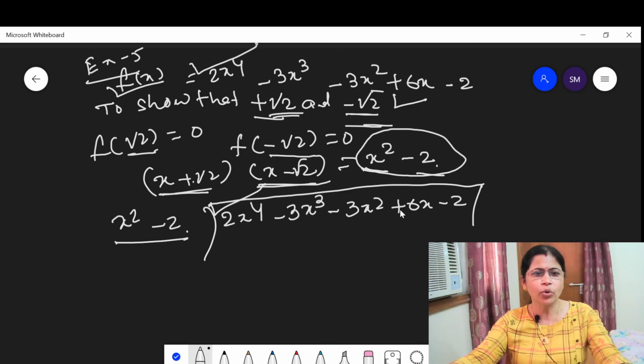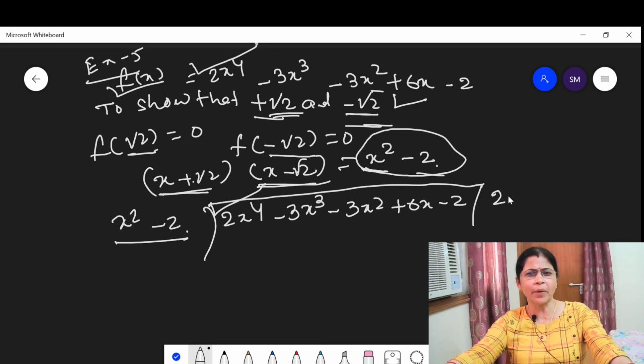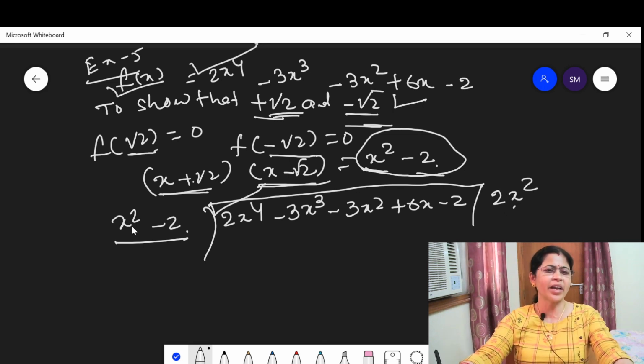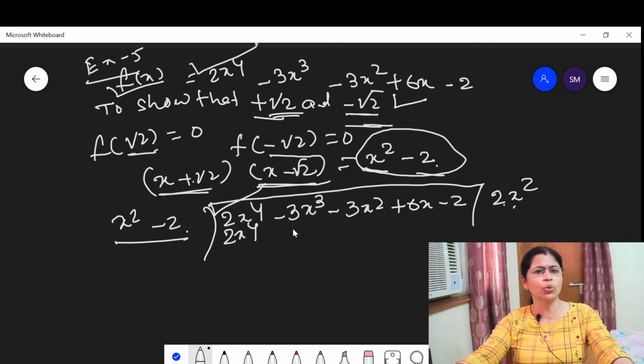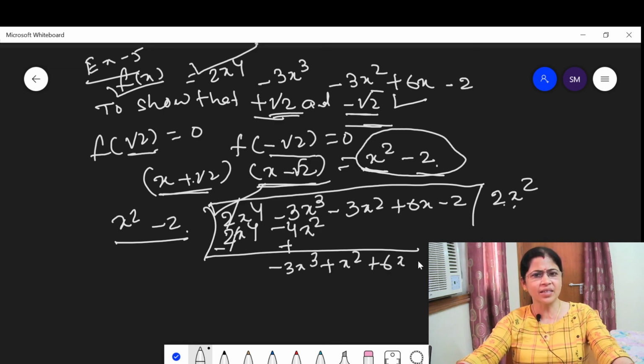Let us prove it. Here to get 2x^4, we have to multiply by 2x square. 2x square into x square gives 2x^4, and 2x square into minus 2 gives minus 4x square. Then subtracting, the 2x^4 cancels, and we get minus 3x^3 minus 3x square plus 4x square, which is plus x square, plus 6x minus 2. To get minus 3x^3 from x square, we multiply by minus 3x.